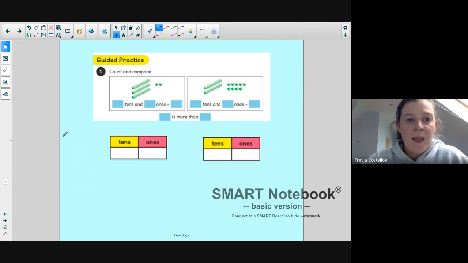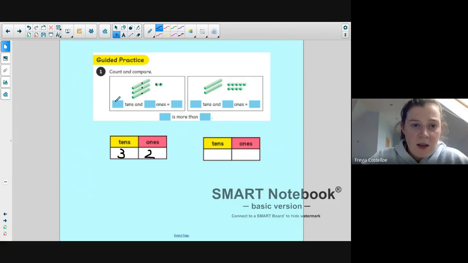So well done. Now here we want to count and compare, exactly what we have been doing. How many tens do we have here? 1, 2, 3. Right, let's get that in our tens box in our place value diagram. How many ones do we have? 1, 2. Great, let's get that in our ones box.